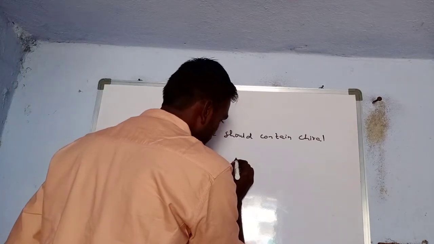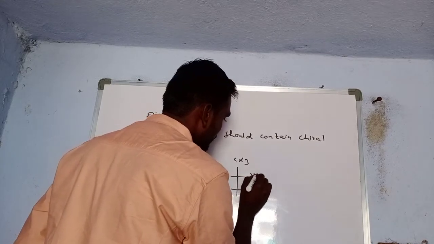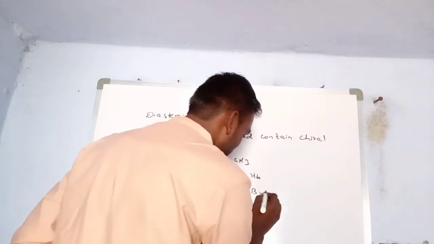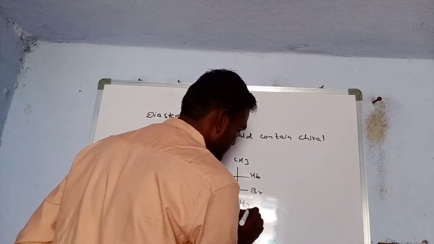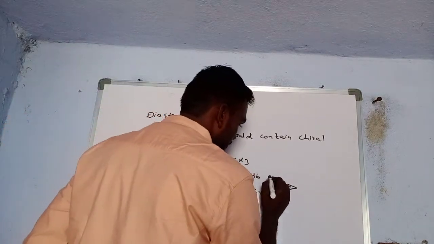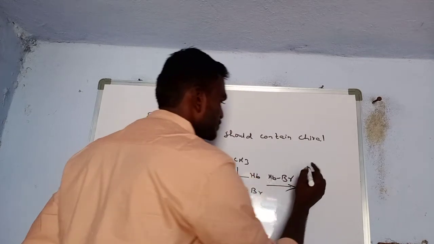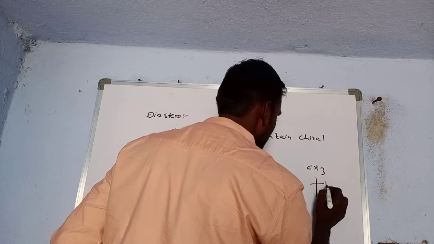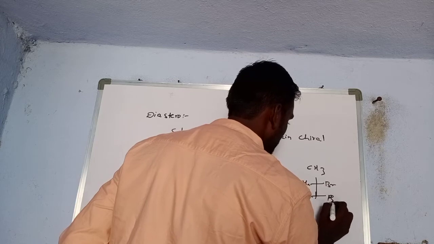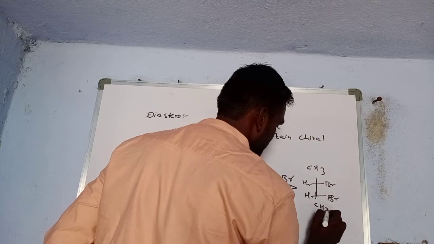If we take the molecule like this, here Ha and here Hb, bromine, and here CH3. If Hb is replaced by a bromine atom, it will produce this: here bromine and here Ha and here bromine. I simply label this as Ha, and this is H and CH3.